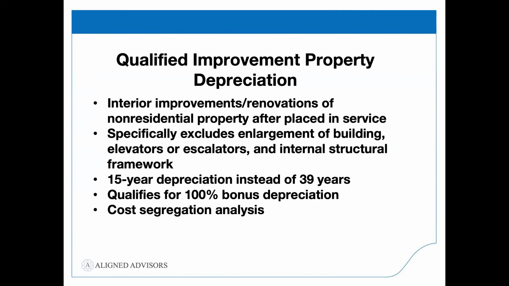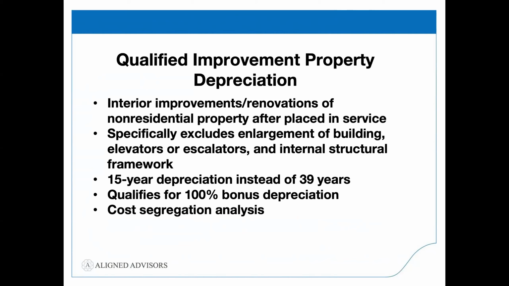So now any qualified improvement property is subject to the 15-year depreciation schedule. Why is this cool? Well, first of all, for any tax returns, so 2018 and 2019 tax returns, you can take more depreciation. So you can even go back and amend your 2018 return on interior improvements.